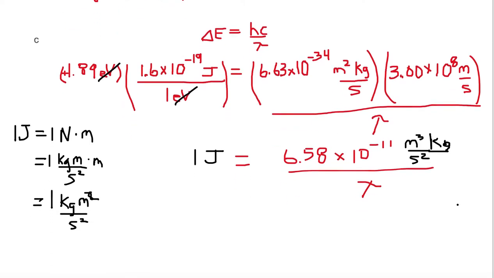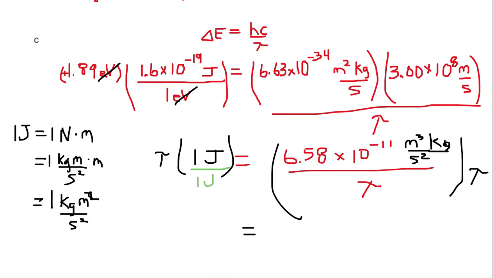So we want to now solve for wavelength. We're going to multiply both sides of the equation by wavelength, and we want to divide both sides of the equation by 1 joule. So I'll put divide by 1 joule, and we want to divide by 1 joule on this side.